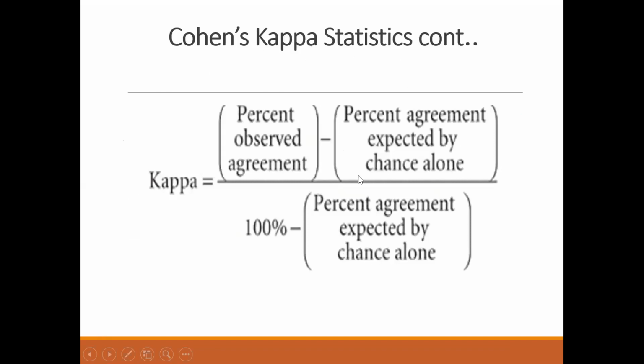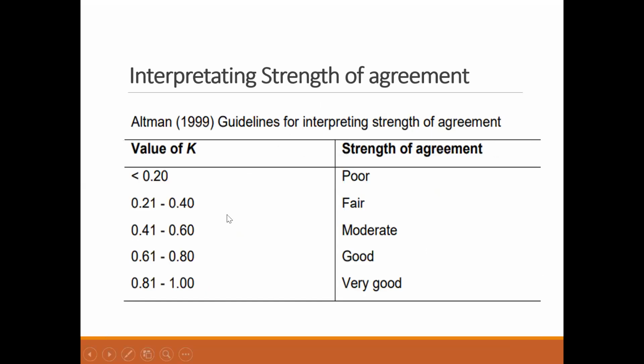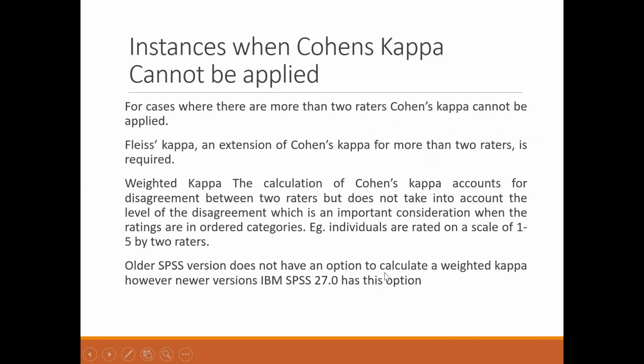There's an equation to calculate kappa, but because we don't have much time, I'm not going into much detail. The interpretation of kappa is that if the kappa value is less than 0.20, there's poor agreement. If it is close to 1, it is a good agreement.